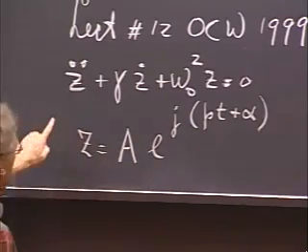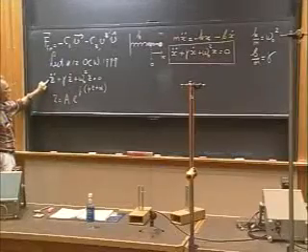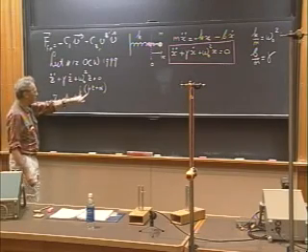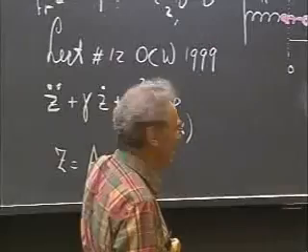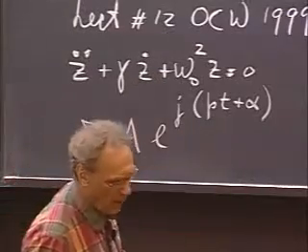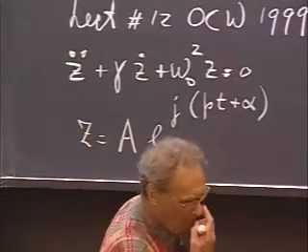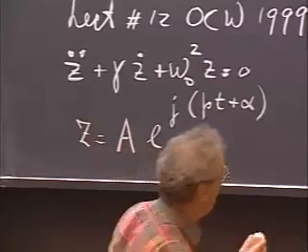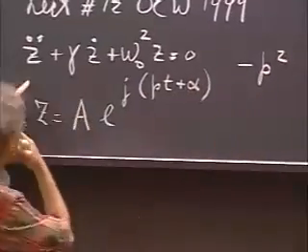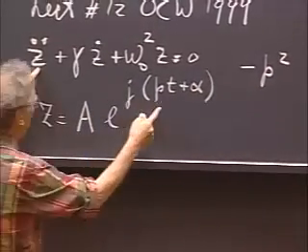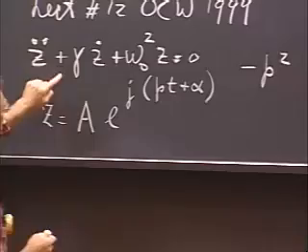I'm going to take the second derivative of this function. Out comes jp twice, so that is j squared times p squared, and so I'm going to see now minus p squared. That is the second derivative of this function, and the Z comes later.